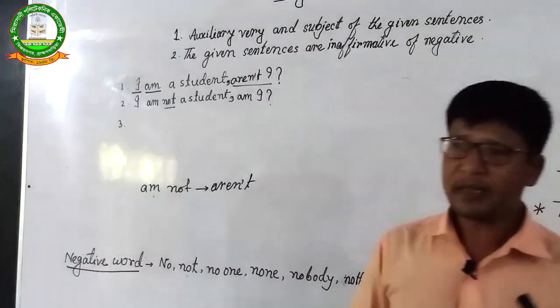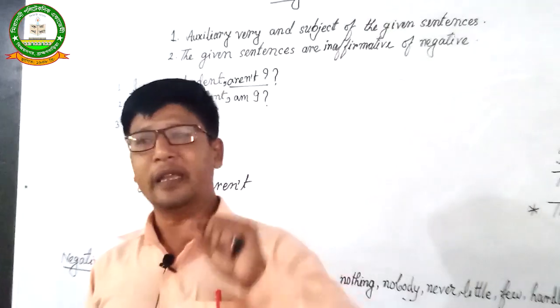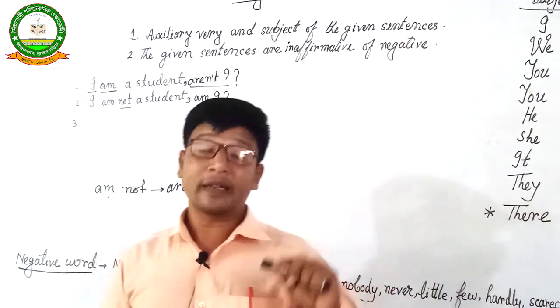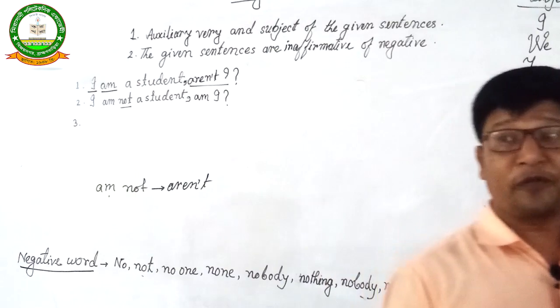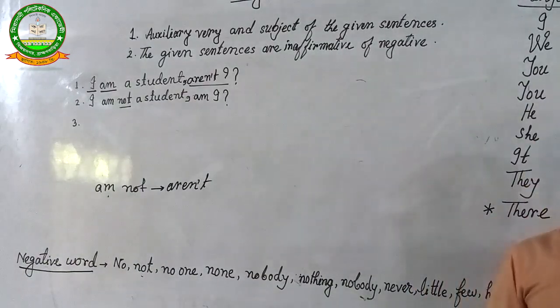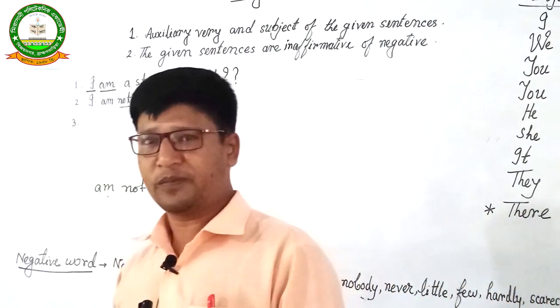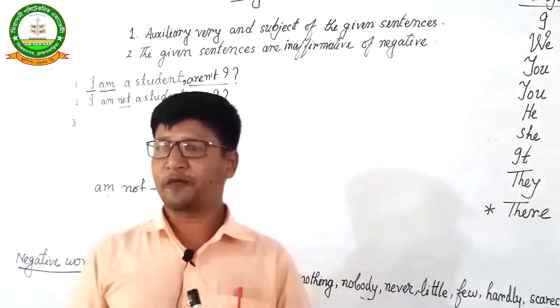If the sentence is in negative form, we have to use the affirmative form of the auxiliary verb. If the sentence is in affirmative form, we will use the negative form of the auxiliary verb. And always remember, the negative form will be in short form.